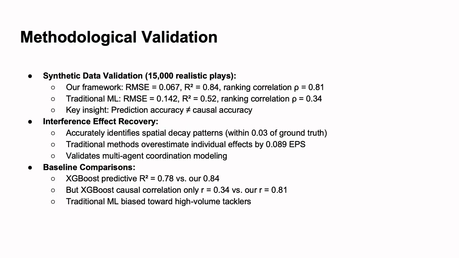We also showed some baseline models, and so we compared XGBoost as well as some other linear models and nonlinear models, and we found that XGBoost has strong predictive accuracy, which is expected, about the same comparatively to our causal model, but XGBoost causal correlation was only 0.34 compared to our 0.81. And we also found that traditional ML was biased towards high volume tacklers, so the players who had a lot of tackles.